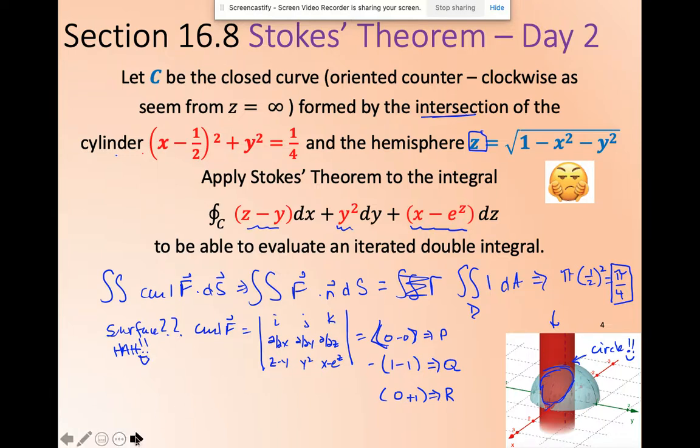All right, so I did one example where in the warm-up they gave curl and asked you to do the surface integral with curl, but we did the line integral. Parametrizing was pretty easy.